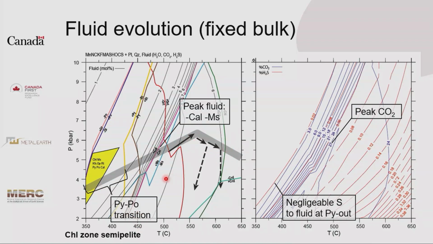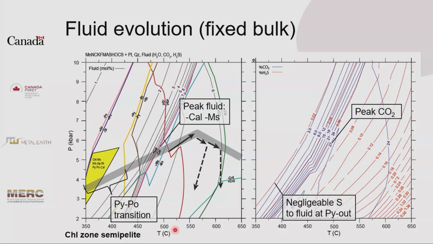You'll notice that the pyrite pyrrhotite transition happens pretty early on based on the oxidation state that we chose. We chose that because it most closely reproduces our oxide assemblage. But from basically 300 or 350 to 400, you get an extended period of pyrite to pyrrhotite transition.